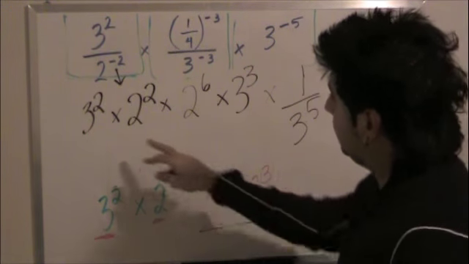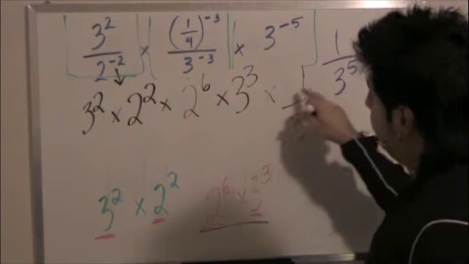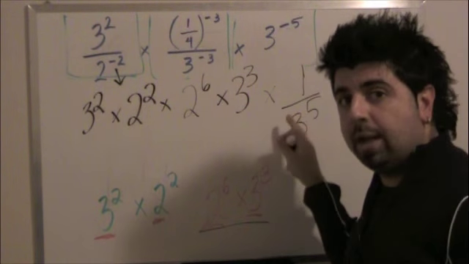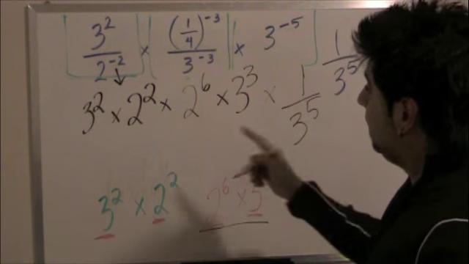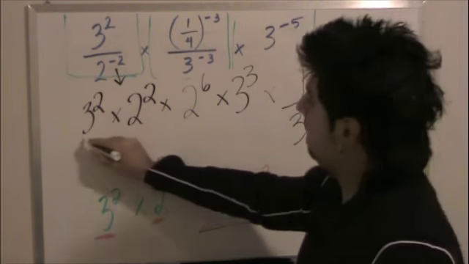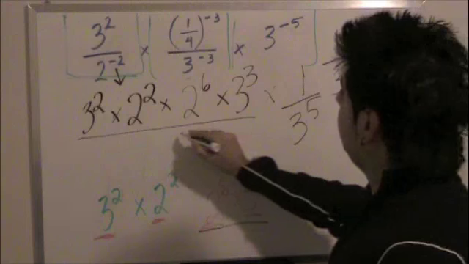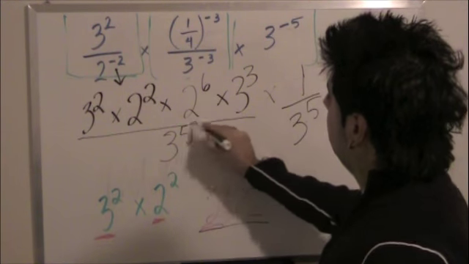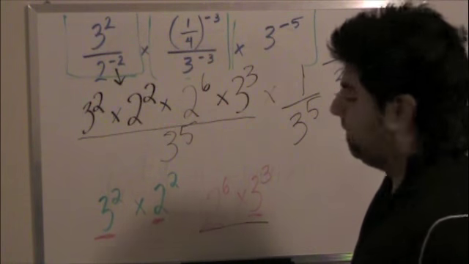So these are all now my numerators. I only have one denominator. So let's get rid of this times 1, and we're just going to put it down underneath here, 3 to the power of 5.